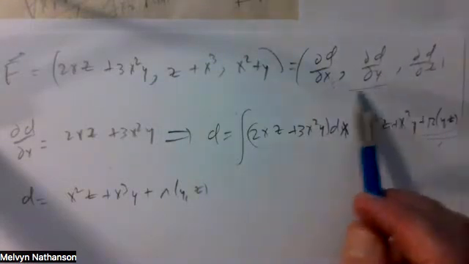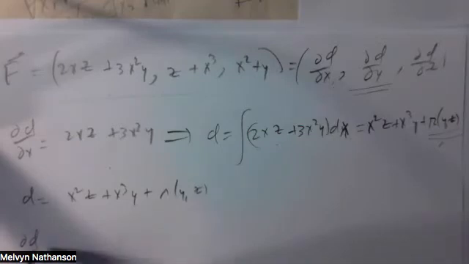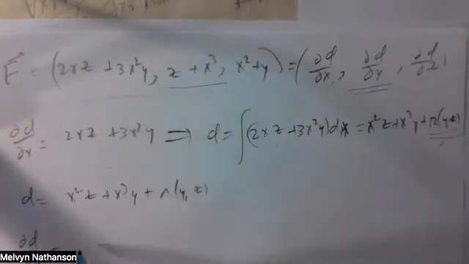Now, again, if we look at this, the partial of phi with respect to y is going to be z + x³.